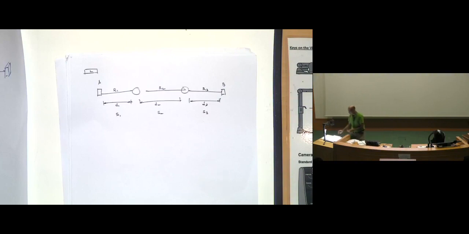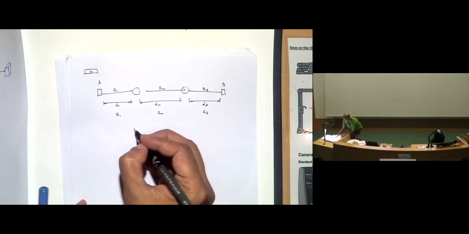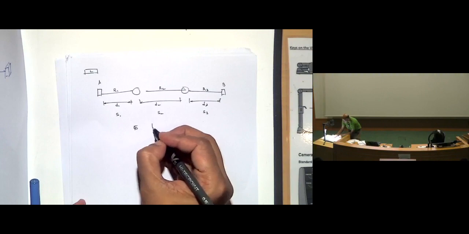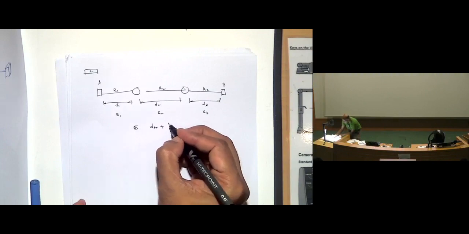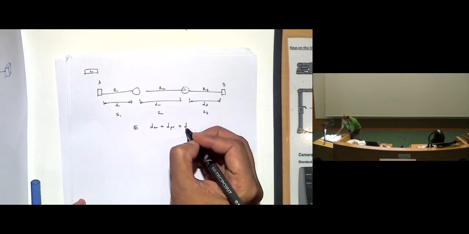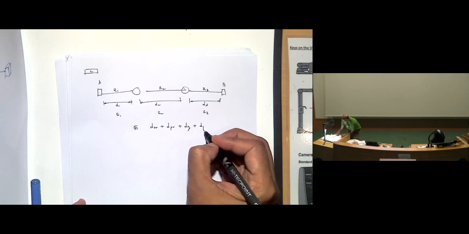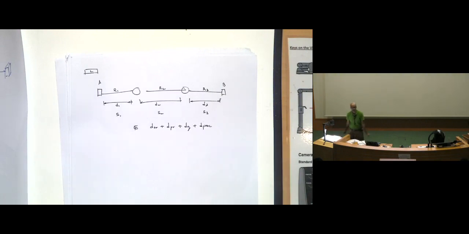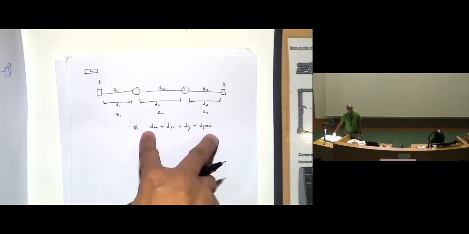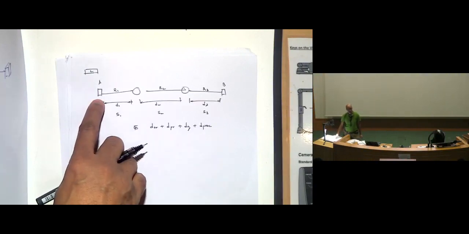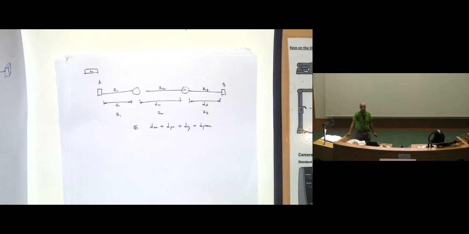So again we remember that there are 4 components to the delay: the transmission time, propagation time, queuing delay, and the processing delay, right? And these will appear at every router. At the very beginning, it's just the transmission time and the propagation time.